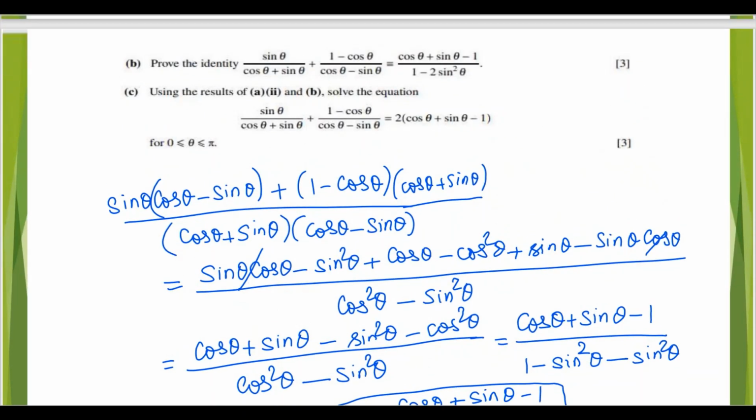Next, C part of the question is, using the results of A and B, solve the equation.